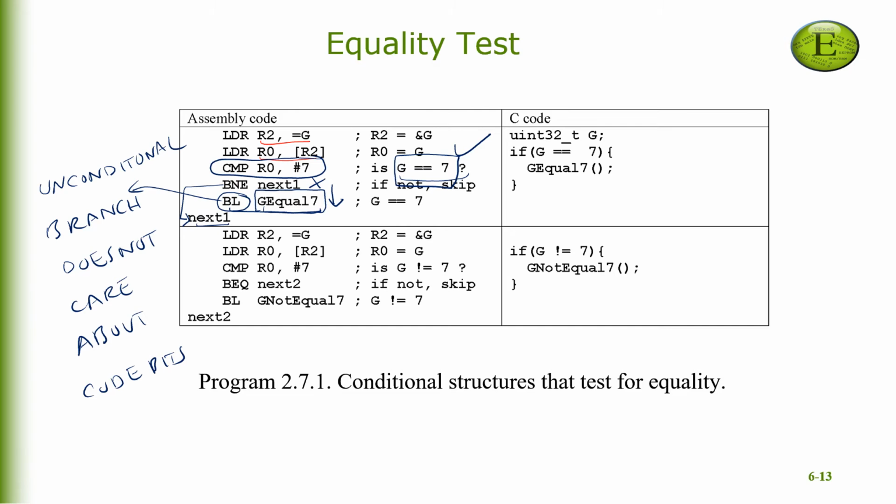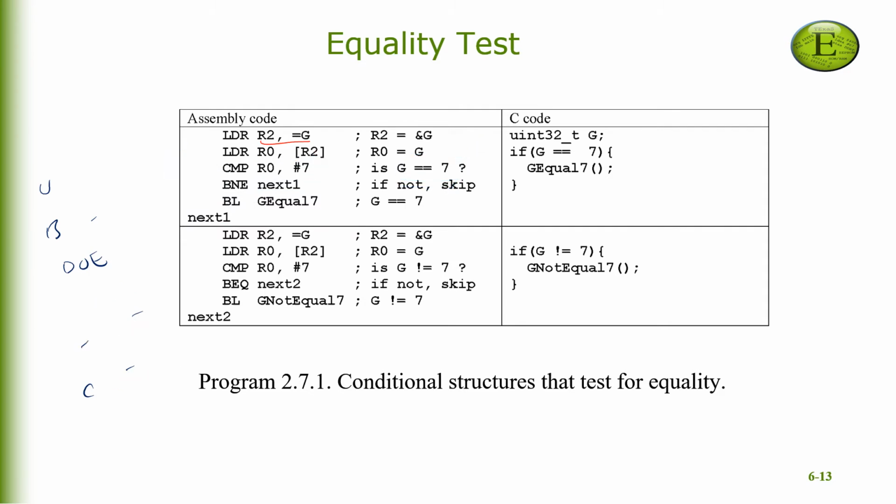All right, in the next example, we have the inequality test. That is when we are interested in comparing G not equal to 7. So again we are going to load the value of G into R0 and then compare R0 with 7. We are asking if G is not equal to 7.